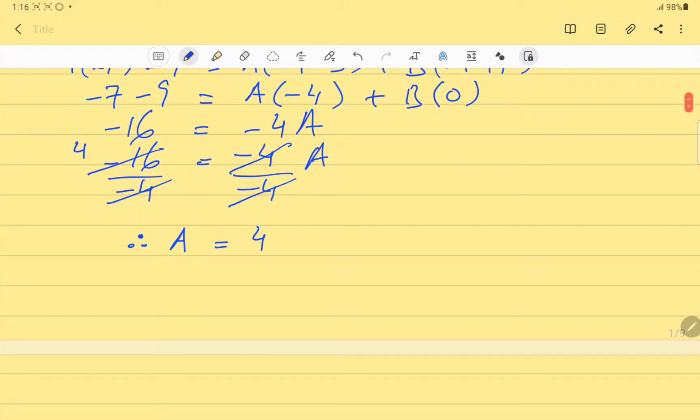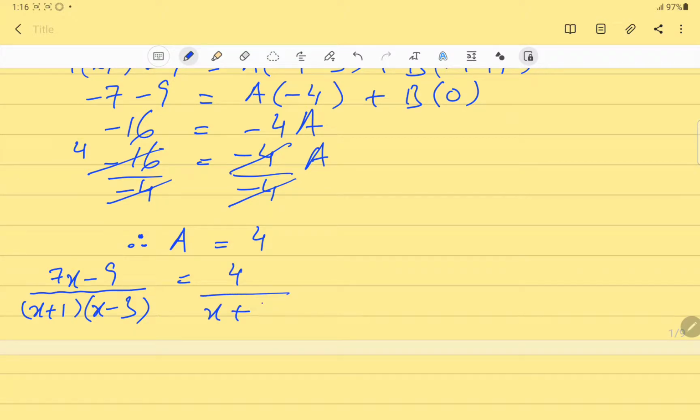Let us write our partial fraction now. (7x - 9) over (x + 1)(x - 3) is equal to 4 over x plus 1 plus 3 over x minus 3, which is the required answer of this question.